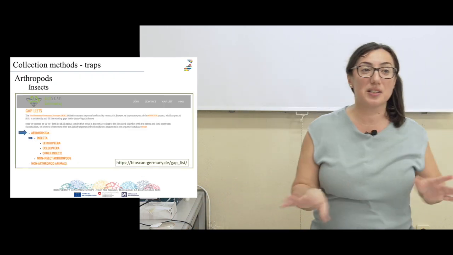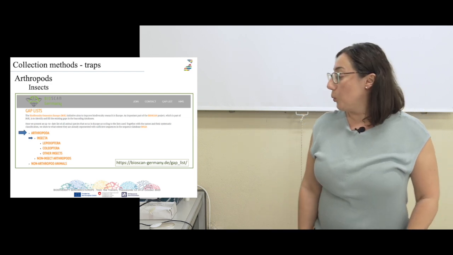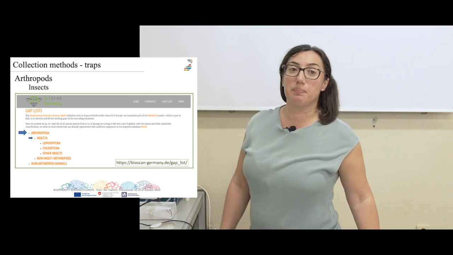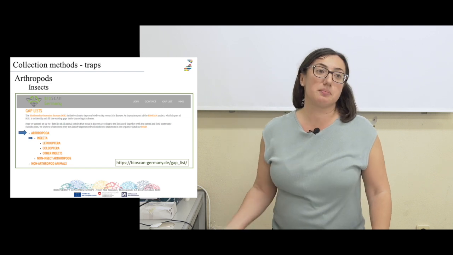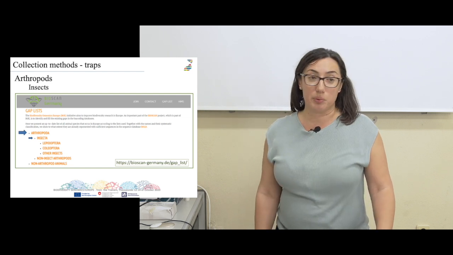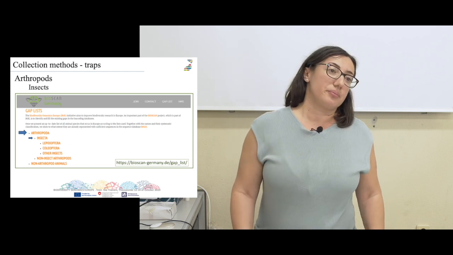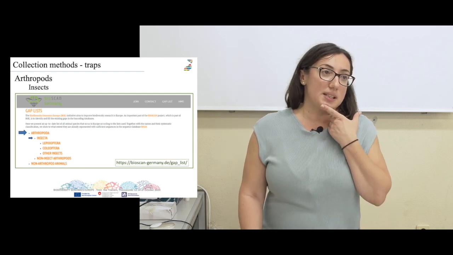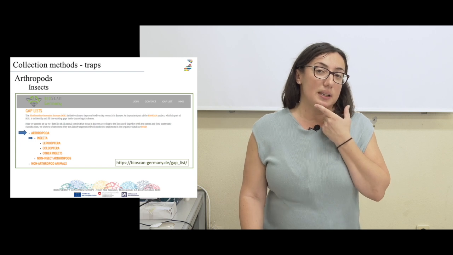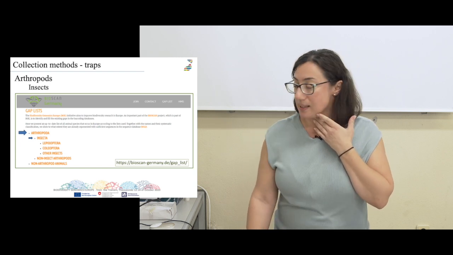Since this whole workshop is under the umbrella of BGE, which is a huge project, and which mainly focuses on arthropods and especially insects, which is expected since there is a lot of DNA barcoding information missing for these taxa.